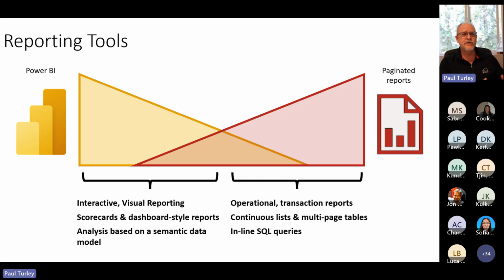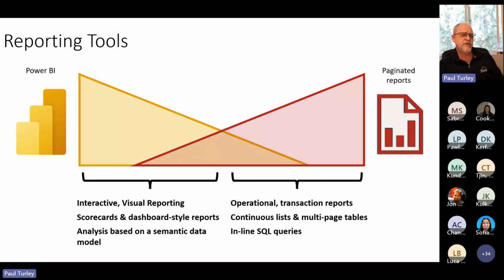And eventually we graduated to laser printers and inkjet printers and whatnot. But reports were all about printing stuff on paper, and eventually we graduated to viewing it in a web browser and maybe exporting to Excel or a PDF or some other format.